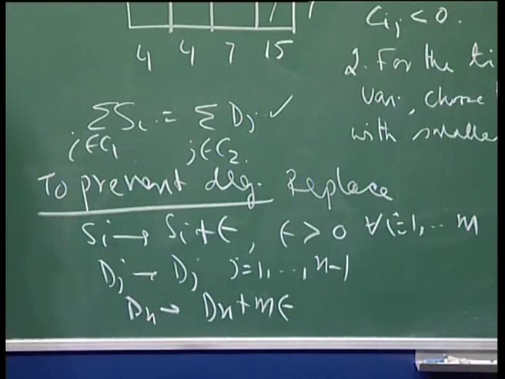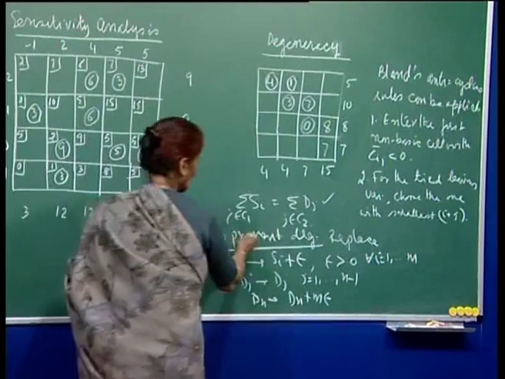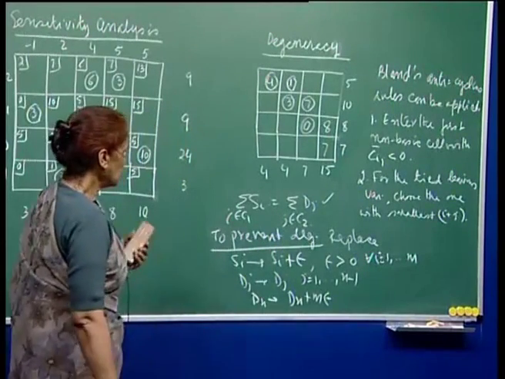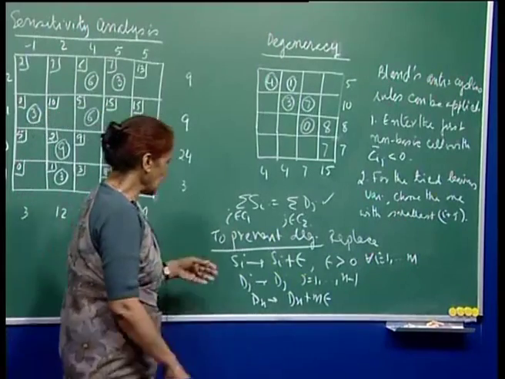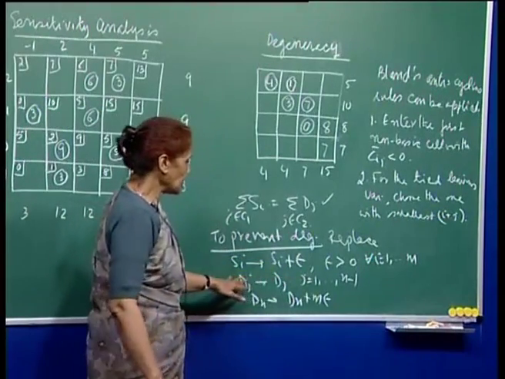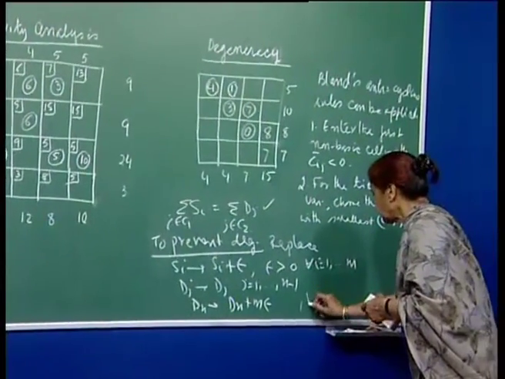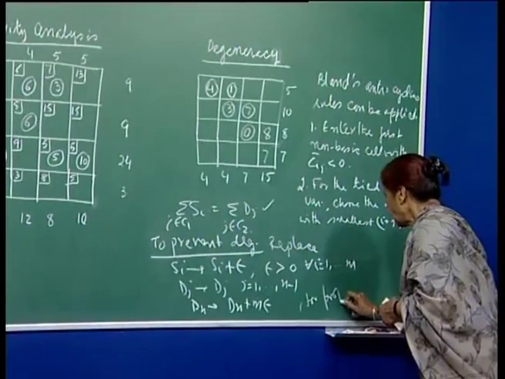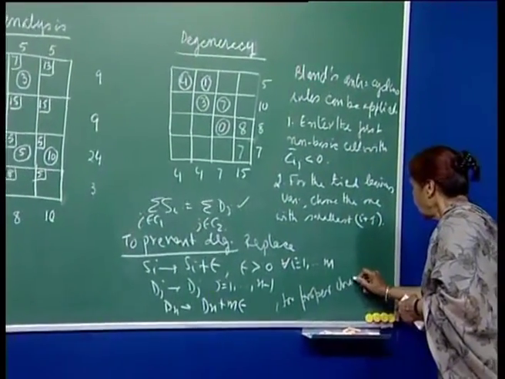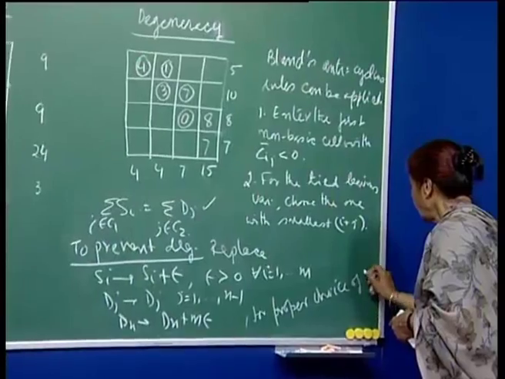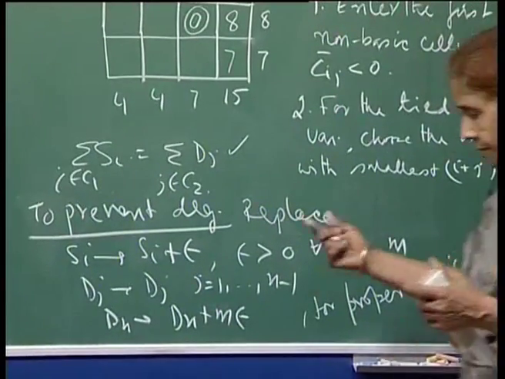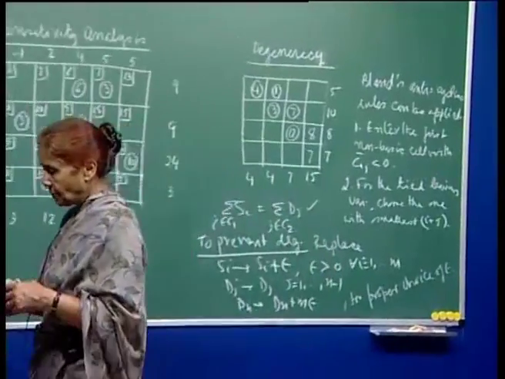So the changed Si and dj will not satisfy this necessary condition for degeneracy, which has also been shown to be sufficient. So this claim is good enough that degeneracy would be prevented if you replace Si by Si plus epsilon, and of course there is a proper choice of epsilon, which is also small enough.